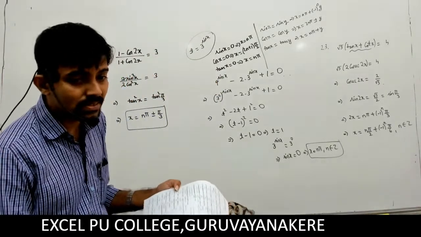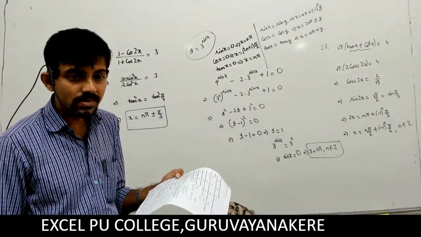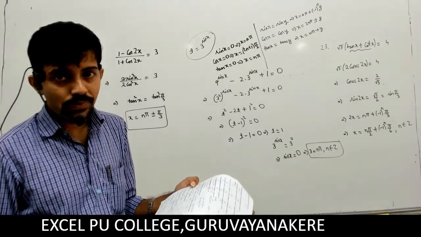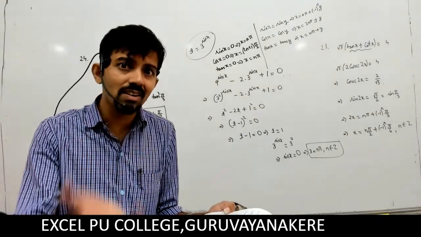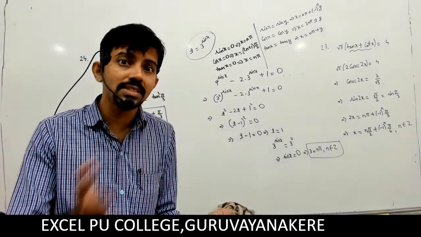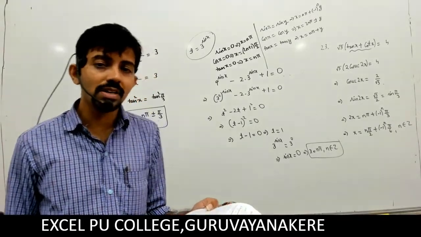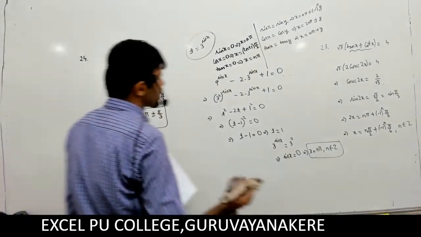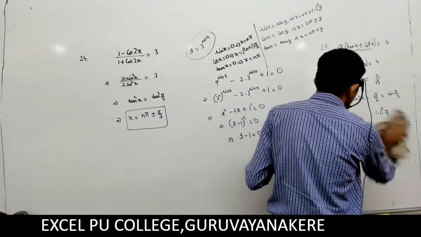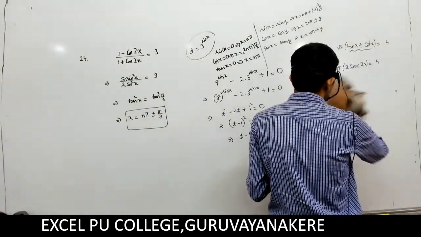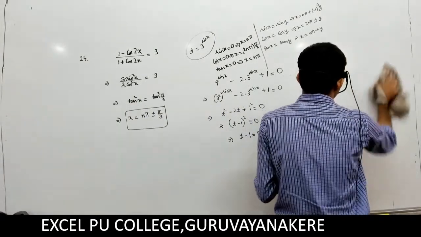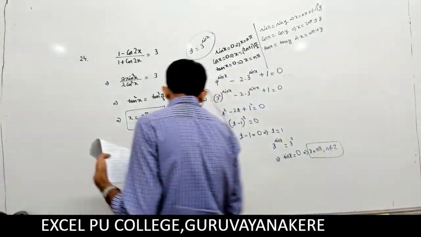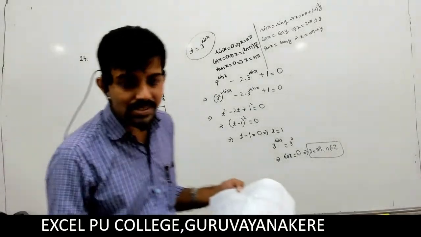An infinite geometric series has infinitely many terms, and to find the common ratio you divide the second term by the first term or the third term by the second term. Common ratio is sin x. It forms an infinite GP. You know the formula for sum to infinity of a geometric series: a by 1 minus r.